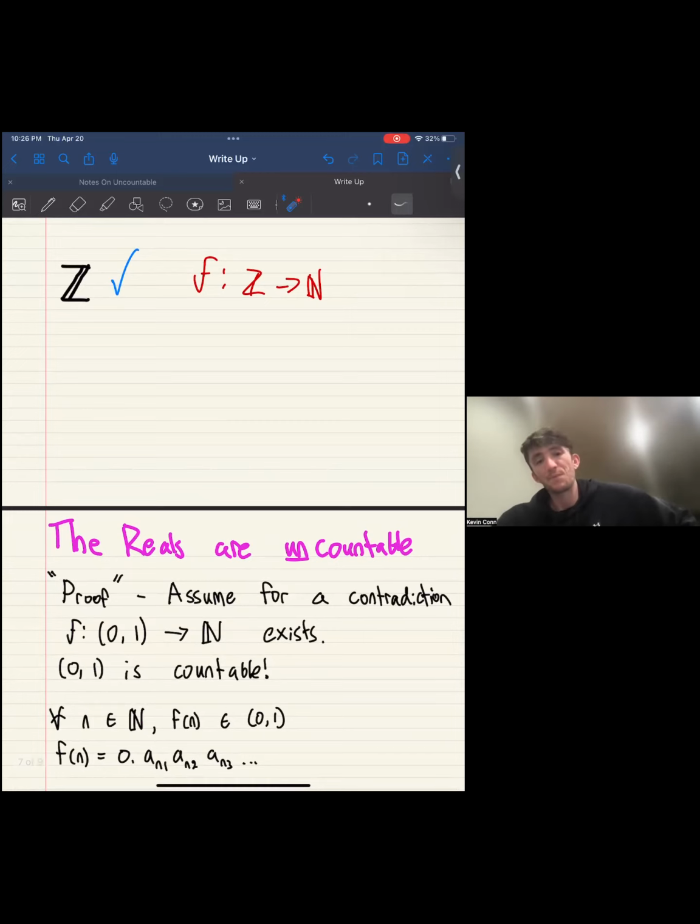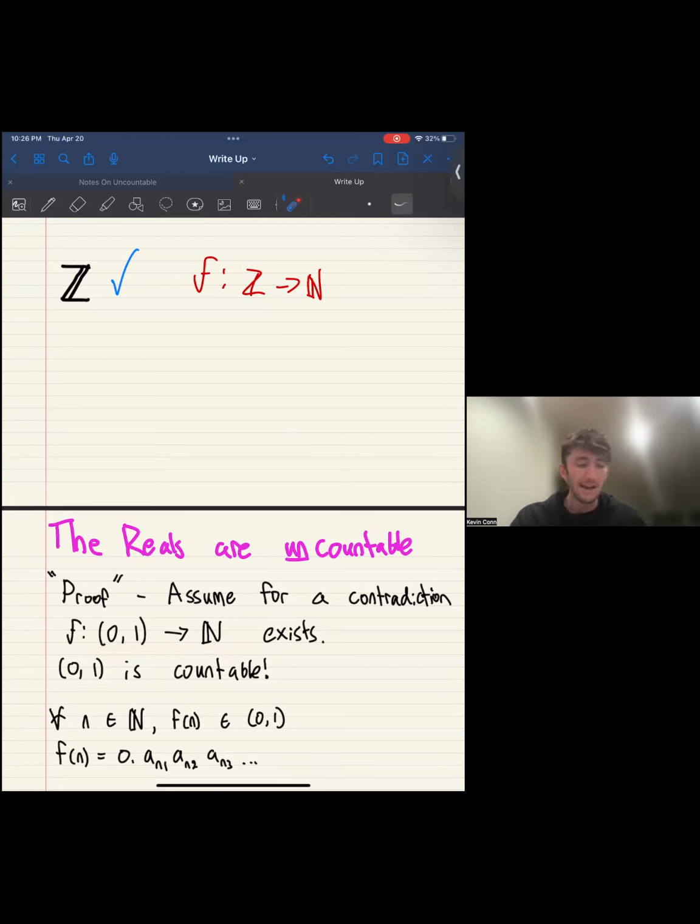So for this proof, we are going to go for a contradiction. We are going to assume for a contradiction that there is a function that takes inputs from the open interval of 0 to 1 and outputs them in the natural numbers. And the reason I am looking just at this interval is because even if I prove that this interval here is uncountable, that means all of the real numbers are uncountable.